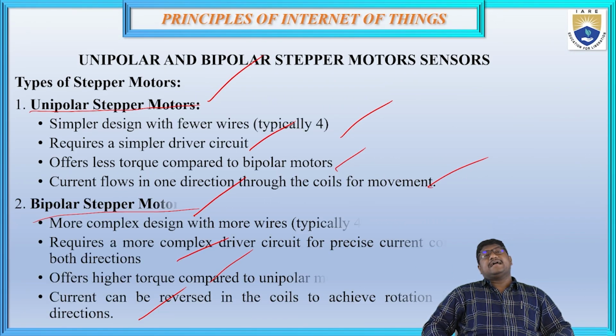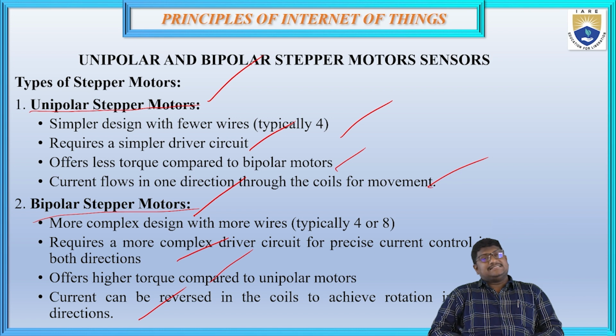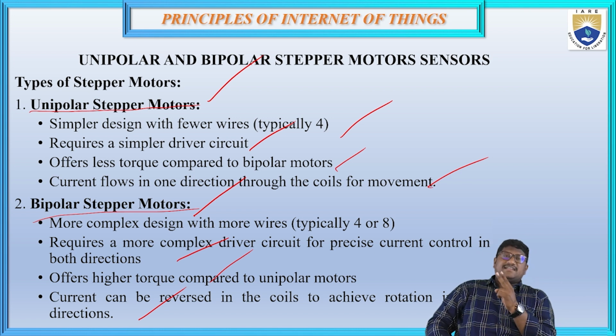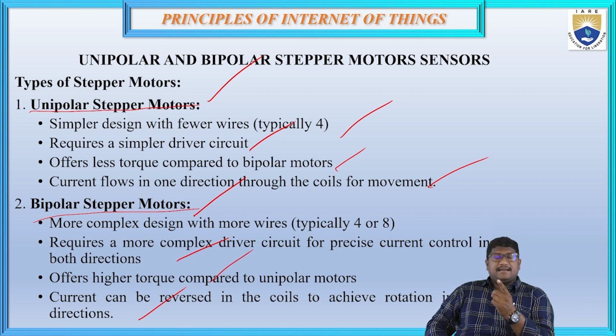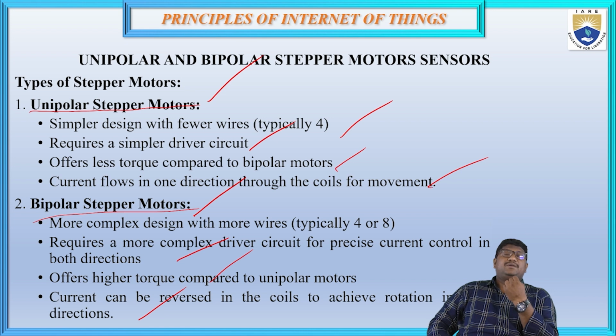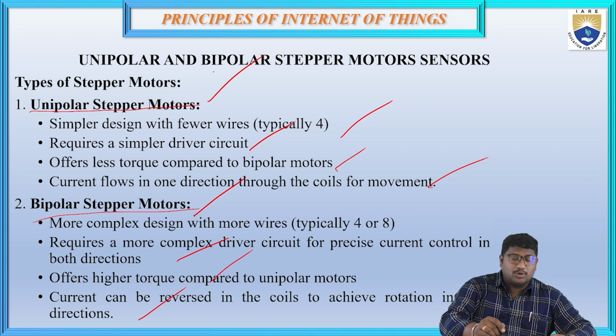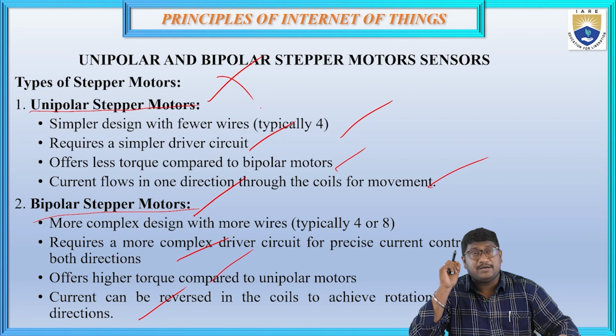And what are the different kinds of stepper motors? As I told you, there are two kinds of stepper motors. One is unipolar, another one is bipolar stepper motor. Coming to the first topic, the unipolar stepper motor.